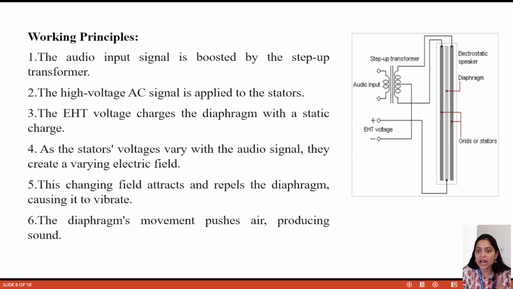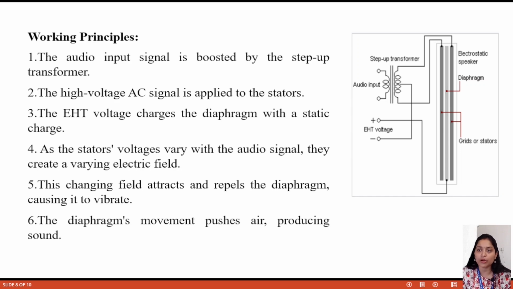It behaves like a parallel plate capacitor: continuously this side positive, this side negative, then later this side positive, this side negative. This polarity continuously changes, and due to that the diaphragm continuously moves. When diaphragm movement happens, definitely air is pushed and sound waves come. So this is the working principle of the electrostatic headphone.